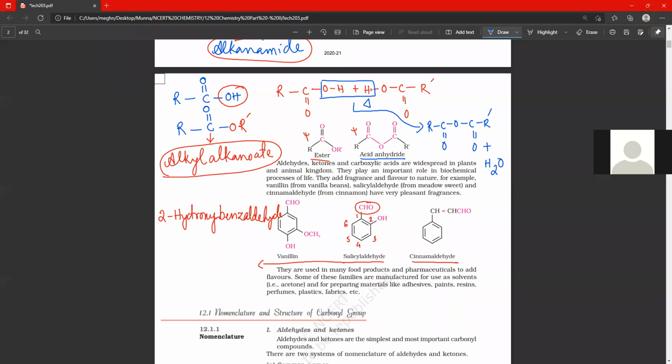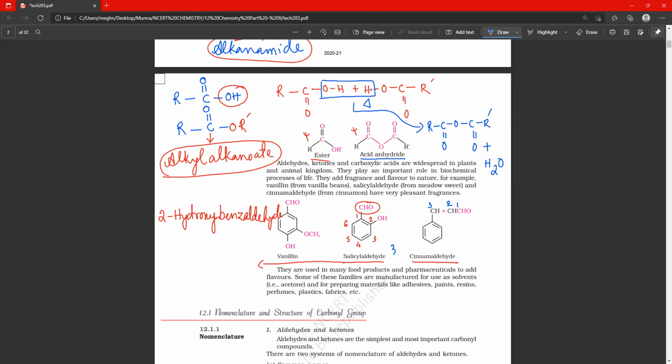Please remember, since the aldehyde group is in the side chain, we have to give the priority to the side chain, and benzene will be treated as a prefix or side chain. So now at the third position you have the benzene.